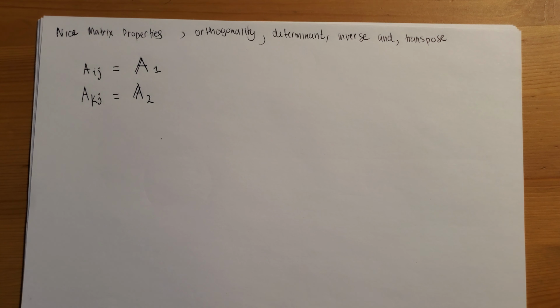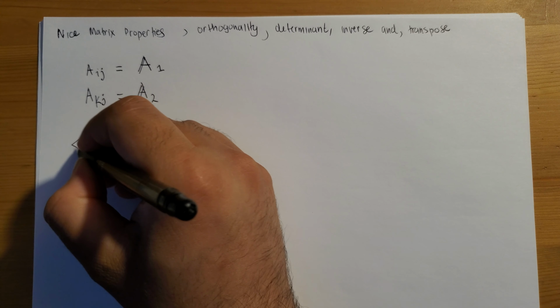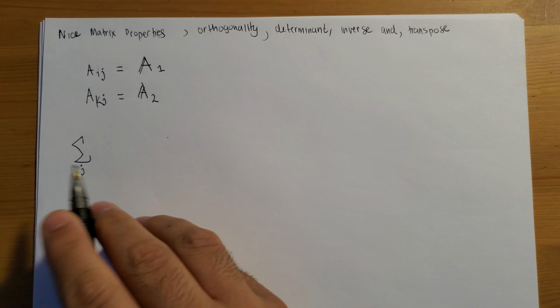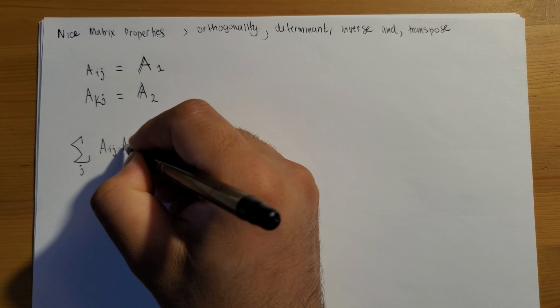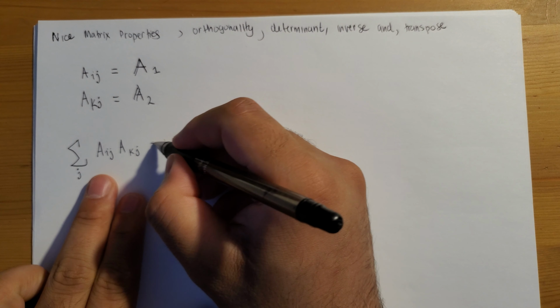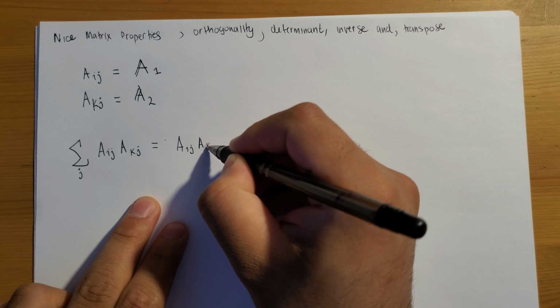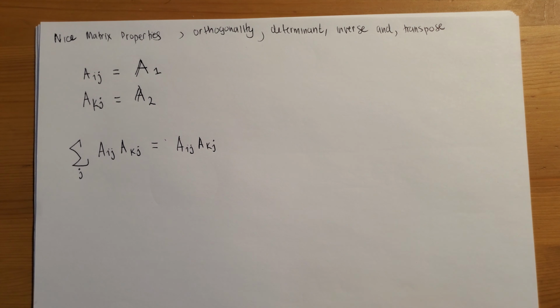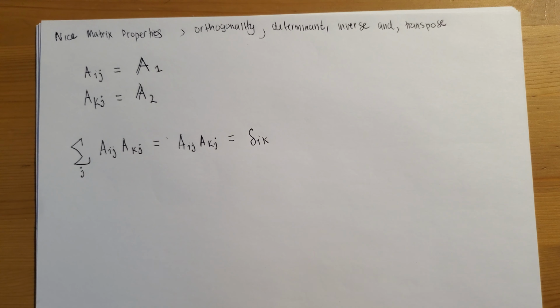So if we multiply, or sum over, the index j in these matrices, what we will find, so let's do a sum over j. Again, written in Einstein's summation notation, we can get rid of the sum. So we have this, and this is going to be equal to the Kronecker delta of ik. Now, what does that mean?